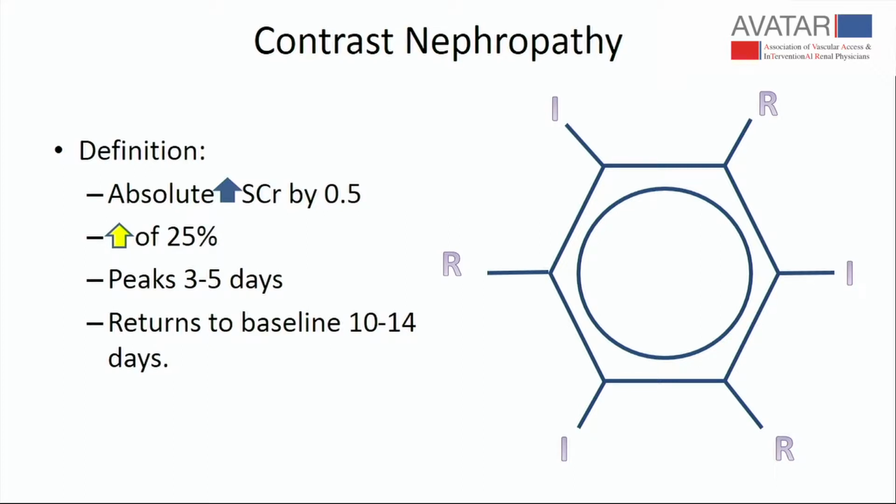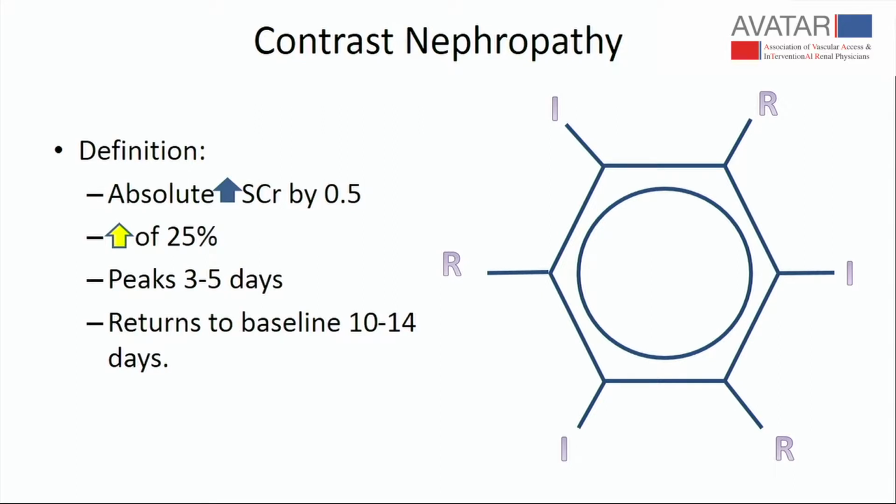Take a step back and talk a little bit about contrast nephropathy. This is essentially the molecular backbone of all iodinated contrast agents. It's an aromatic ring with R groups on 3 and iodine groups on 3 of them that increases the stopping power of X-rays of this molecule by the high atomic weight of iodine, okay?